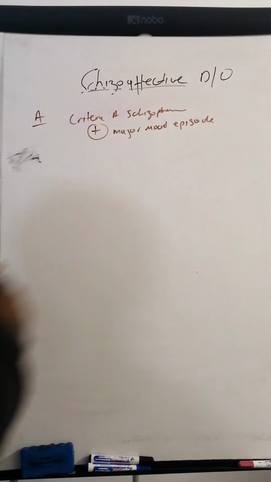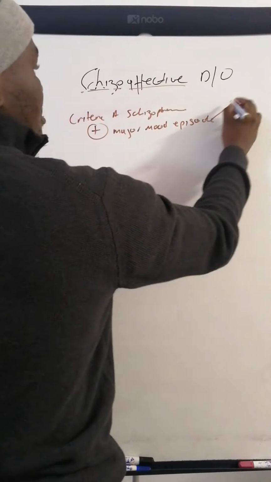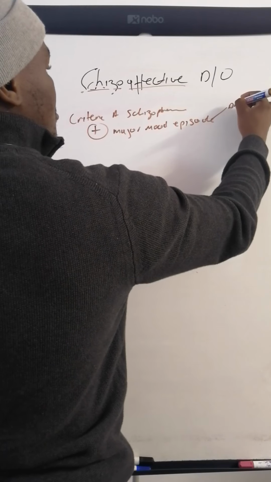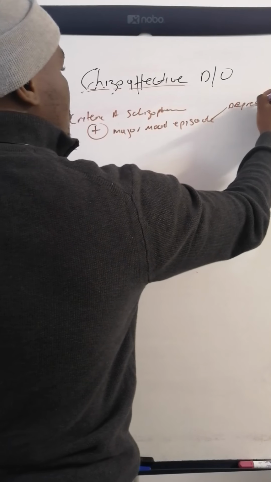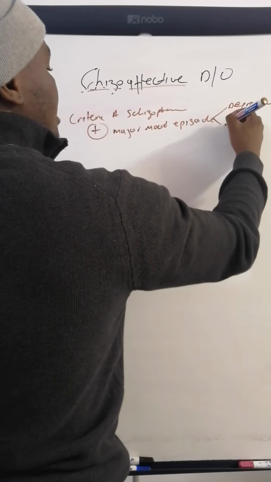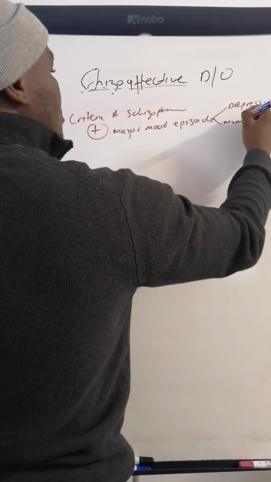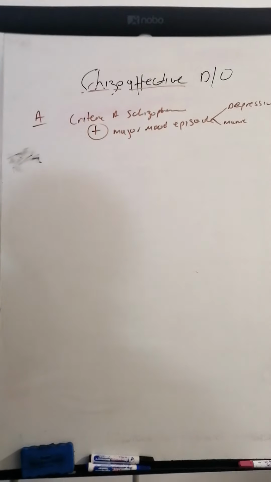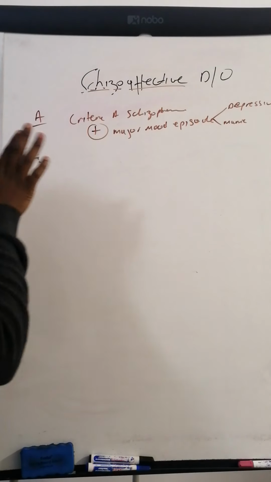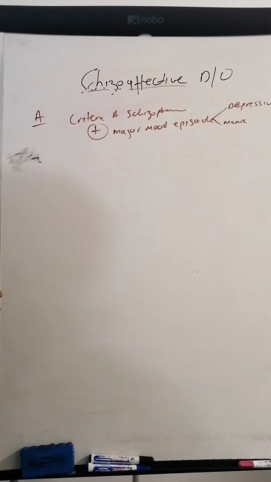And this major mood episode can either be a depressive one, or it can be a manic one. We'll talk about that when we talk about specifiers. So this is criteria A for schizoaffective.